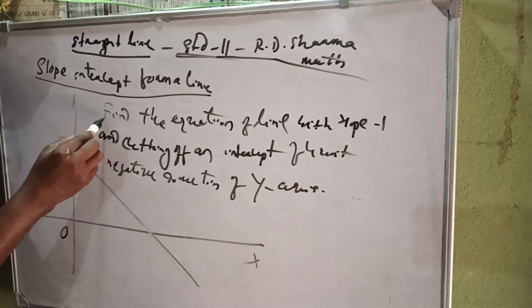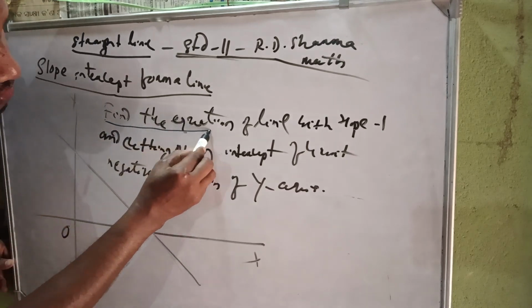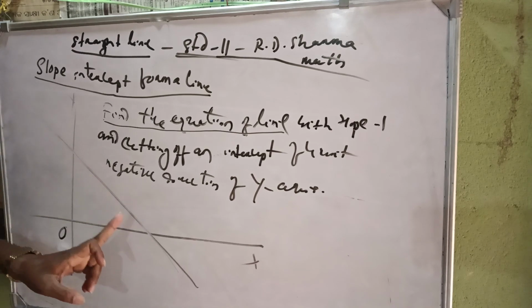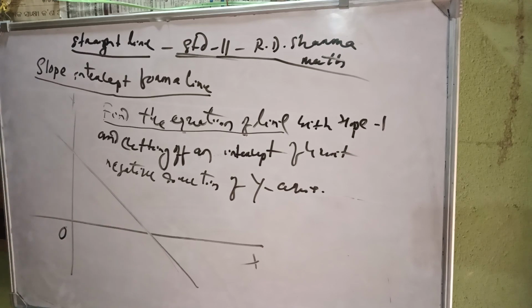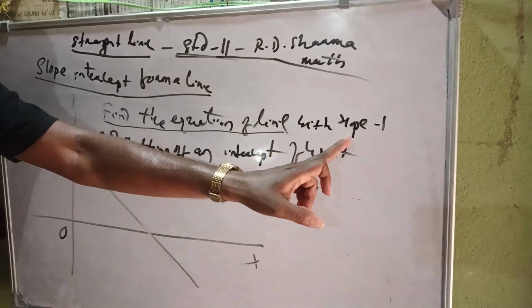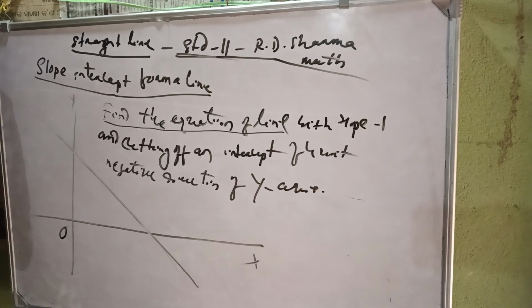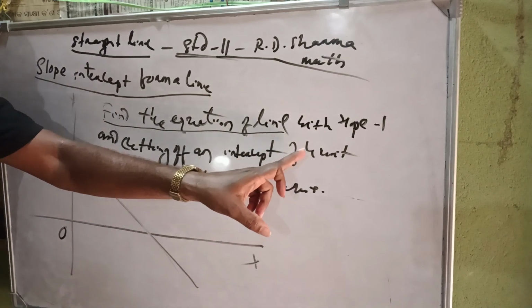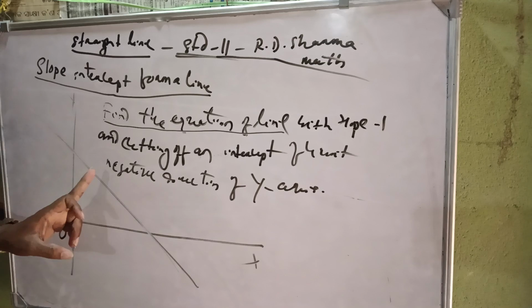Find the equation of the line means if any line is found, we get the equation of that line. The line is not given in this question, so first we will find the equation. Find the equation of the line with slope -1, whose intercept on y is 4 units in the negative direction.